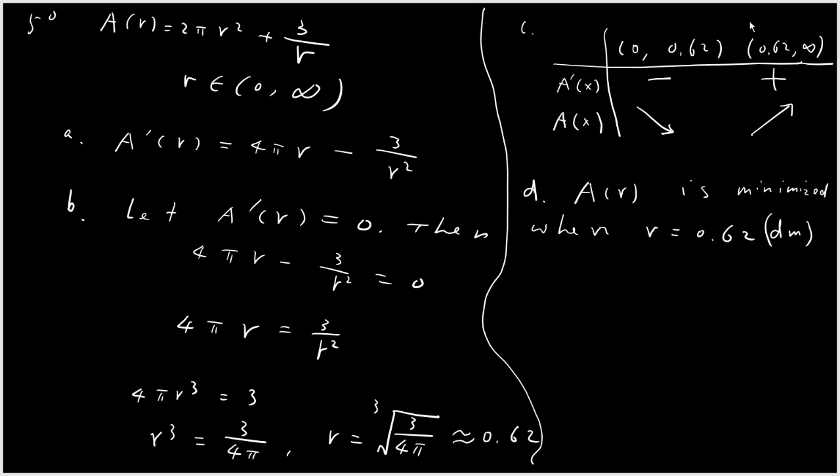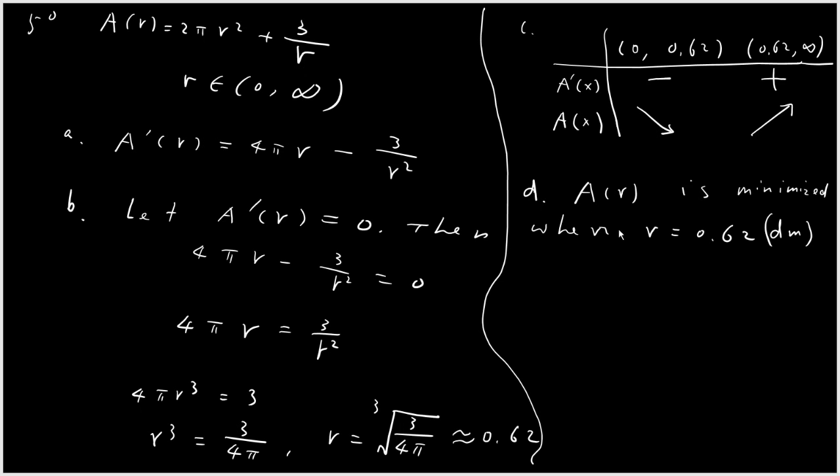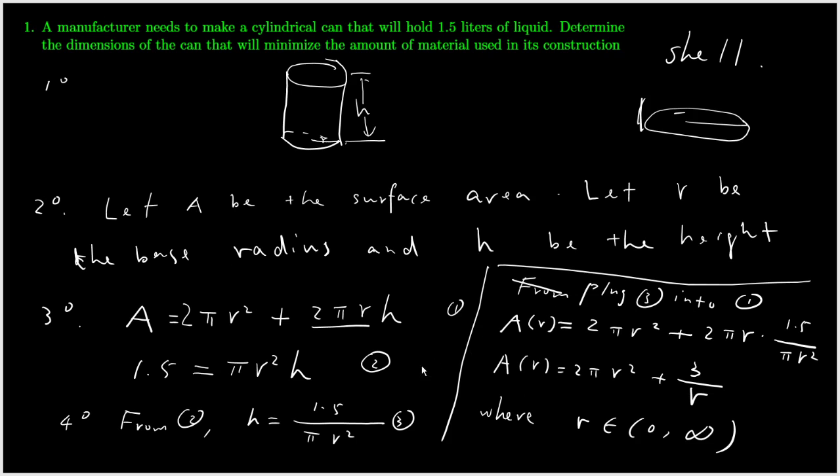Finally, answer the question in words. Now I believe we are on step 6. Answer the question in words. Just remember that number. The base radius is equal to 0.62. After doing that, I need one other favor from you. Recall there's a relation between the base radius and the height.